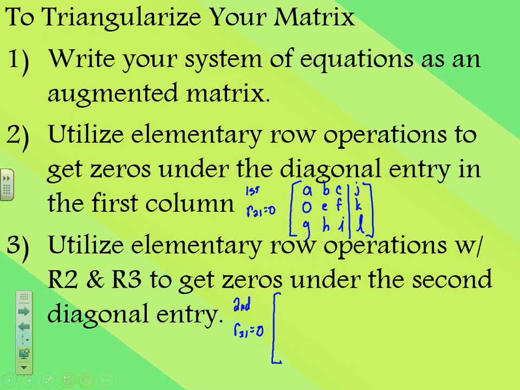So from the matrix that we got after our first row operation, we're going to do another one. After we're done, we wind up with a new matrix where row 2, column 1 is a 0, and row 3, column 1 is also a 0, and everything else is still some kind of number.